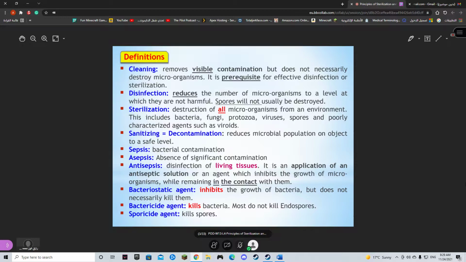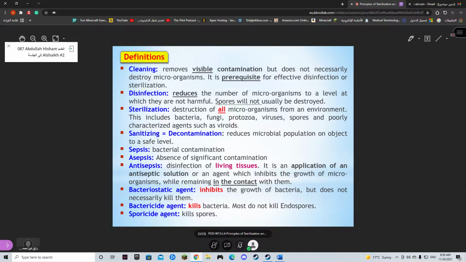But in the case of sterilization, as the name suggests, sterilize means sterile, barren, like something that is not able to produce anything. In the sterilization process, you are cleaning everything from the surface, including the endospores. Endospores cannot be removed or killed very easily because they have a hard covering.